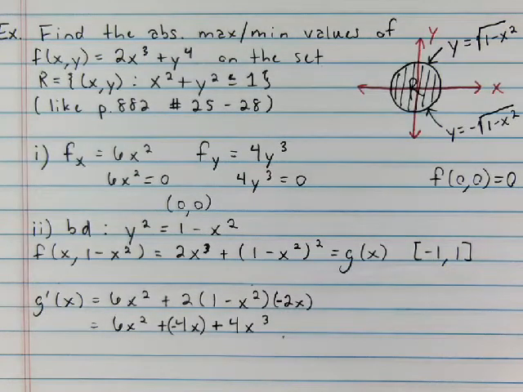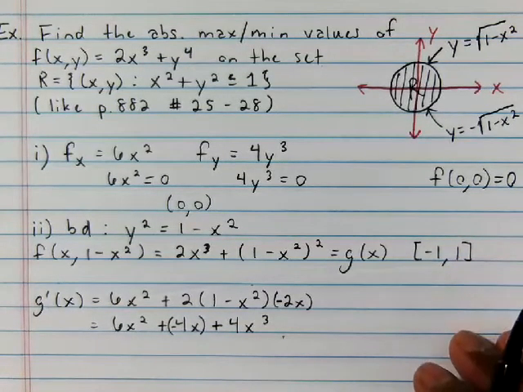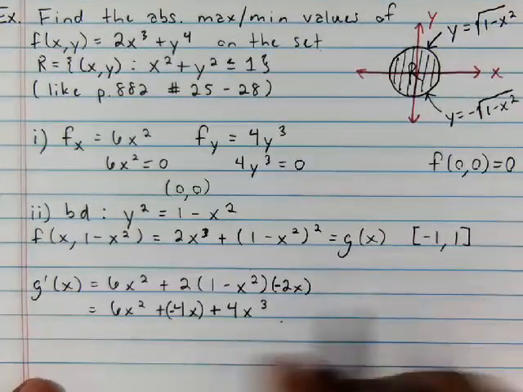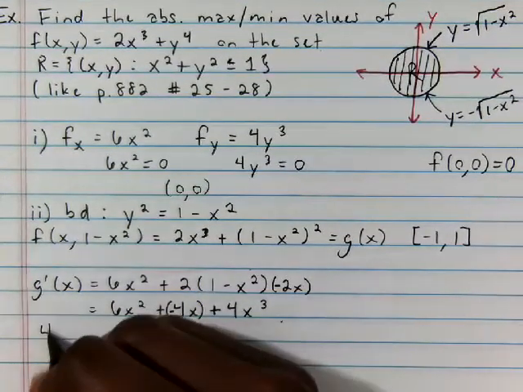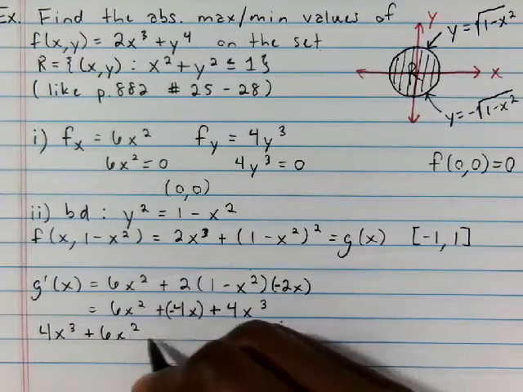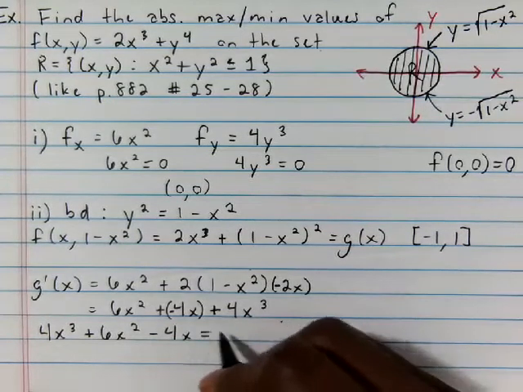Sorry about that. All right, so now we have 4x cubed plus 6x squared minus 4x. We're going to set this equal to 0 and solve for x. So we'll say 4x cubed plus 6x squared minus 4x equals 0.